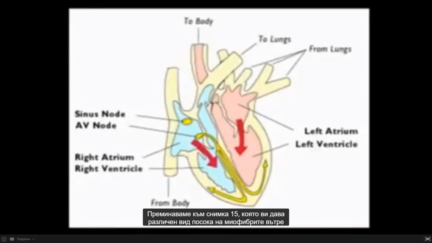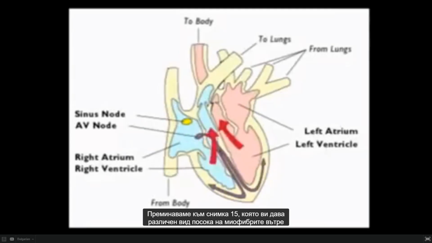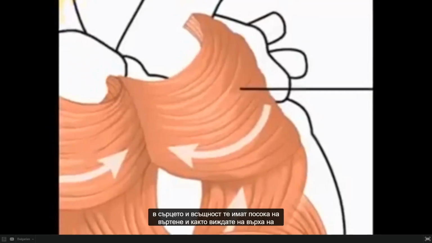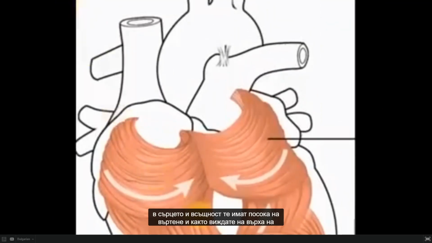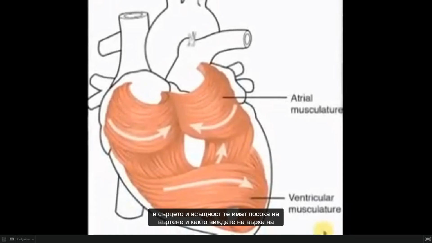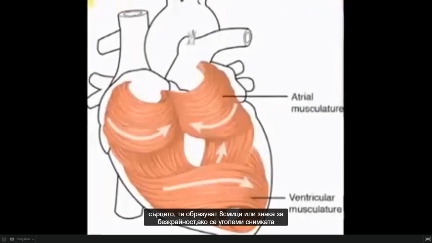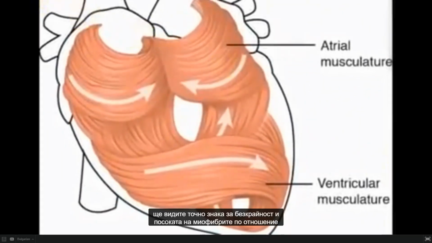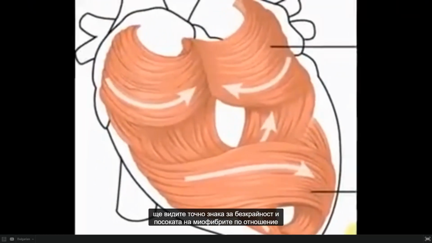Okay, then we go to the 15th. The 15th gives you the different directions of the myofibers inside of the heart. Actually, they have a spinning direction, and as you see on the tip of your heart, they make a kind of 8, like infinity. If you enlarge that picture, you will see exactly the sign of infinity.